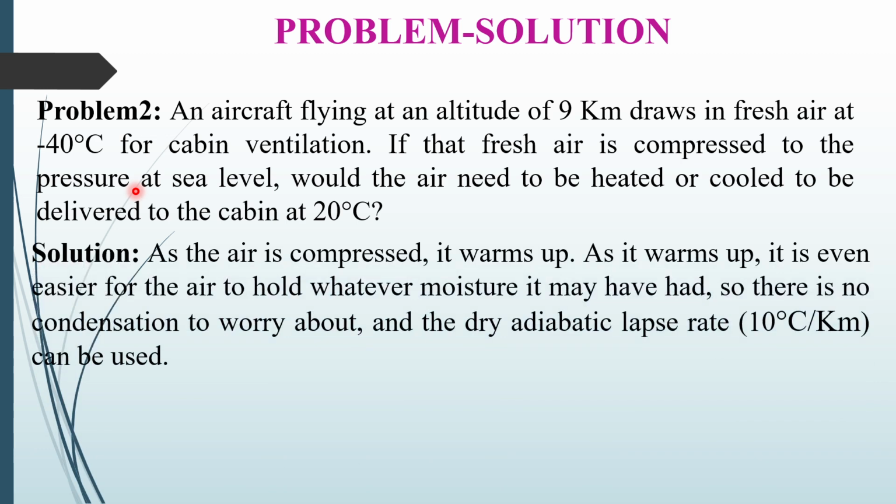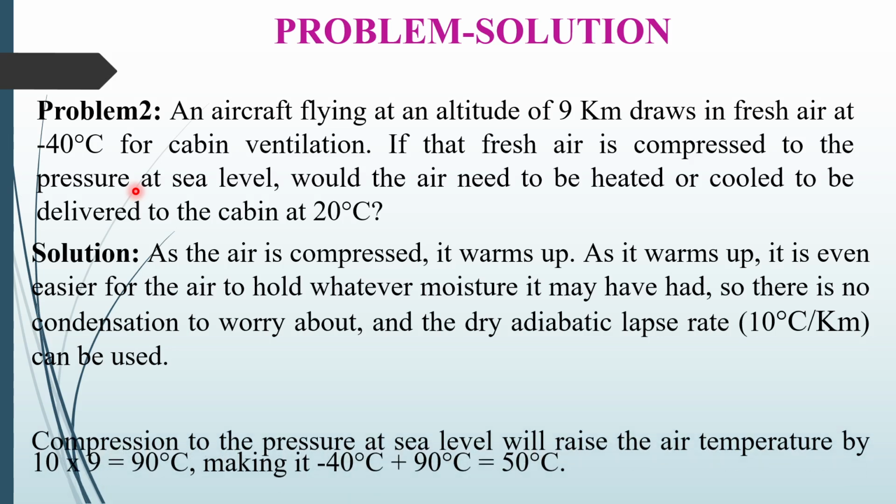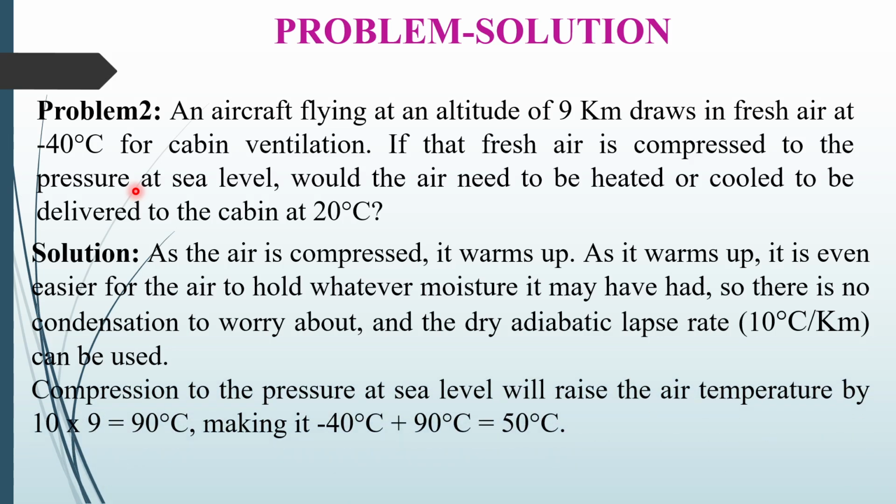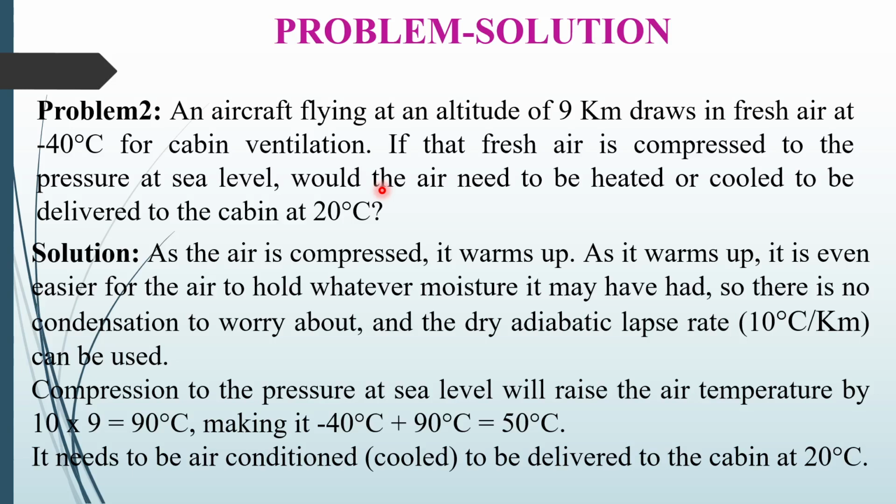So the overall temperature of the fresh air, if we compress it to the pressure at sea level, would be 50 degrees centigrade. Now, as we need it delivered at 20 degrees centigrade, it will be air conditioned, that is cooled, for delivery to the cabin.